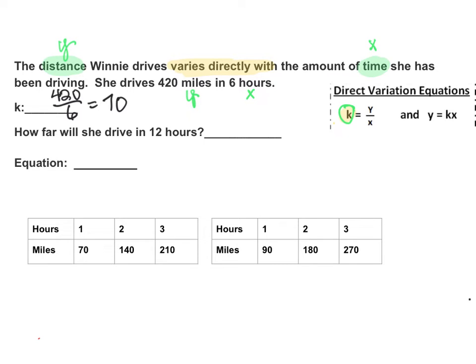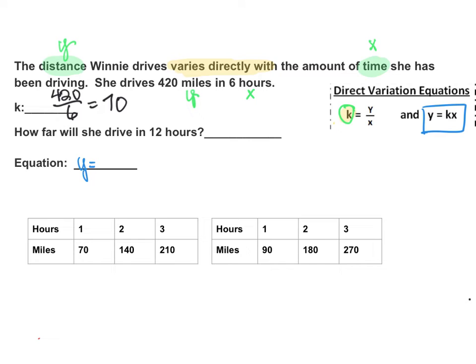Now the next part asks us to see how far she will drive in 12 hours. I'm going to come down and look at the equation. I'm going to write an equation, and it's going to be y equals how far she will drive in 12 hours.